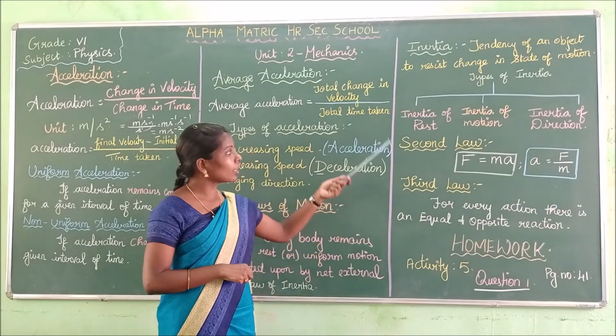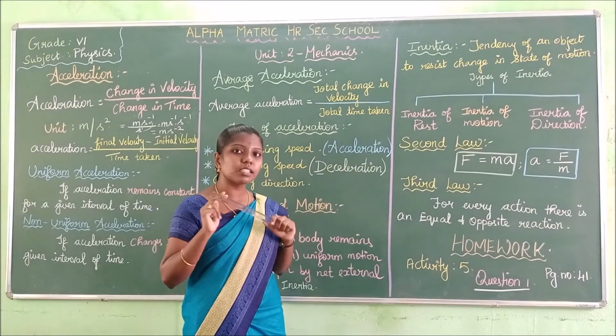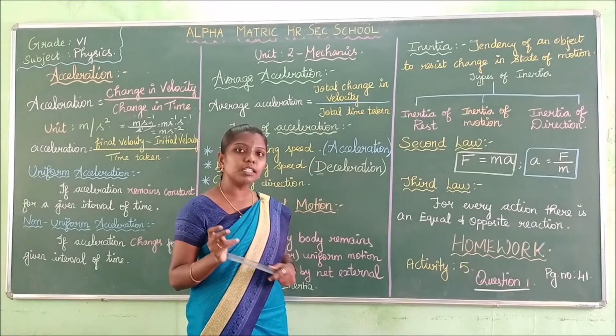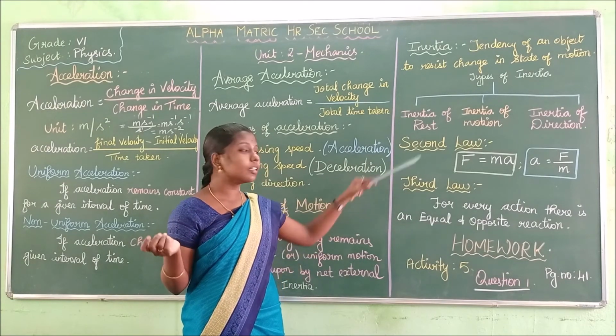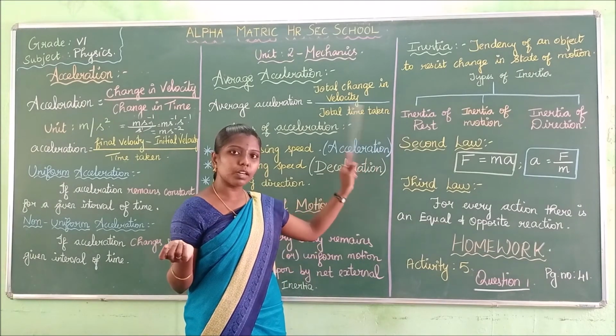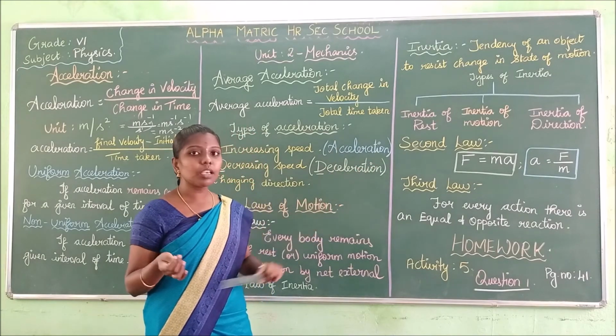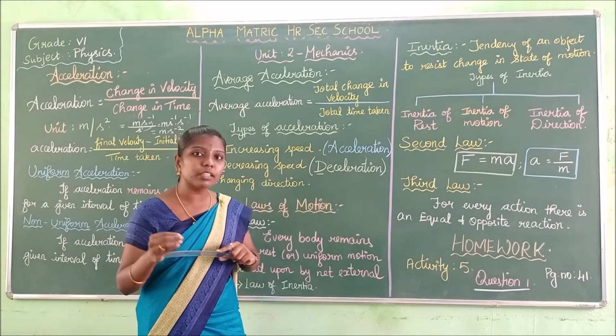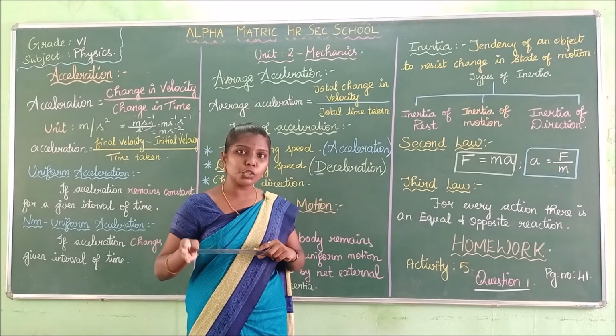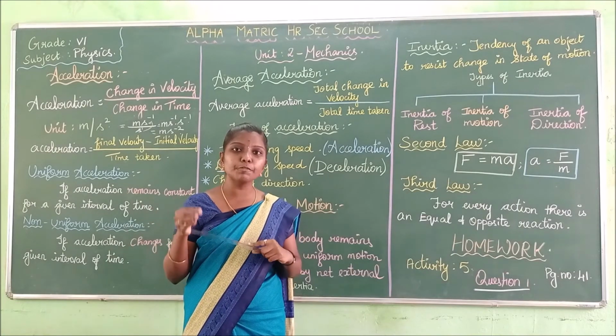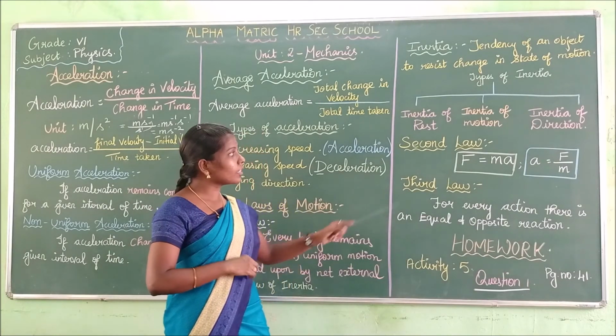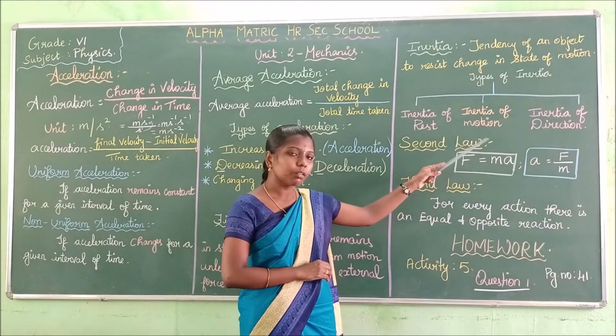Is it clear? If a body does not change its rest unless an external force acts on it, then it is said to be inertia of rest. In the same way, if a body does not change its state of motion unless an external force acts on it, then it is said to be inertia of motion.